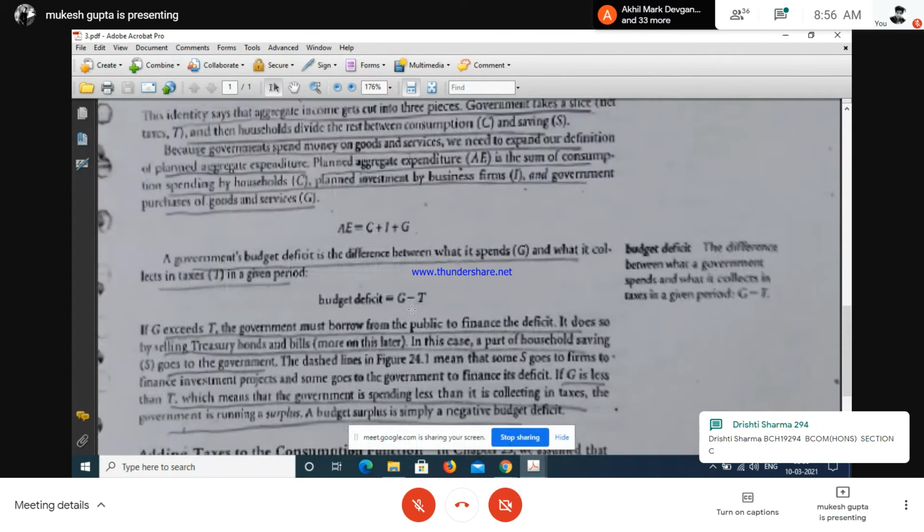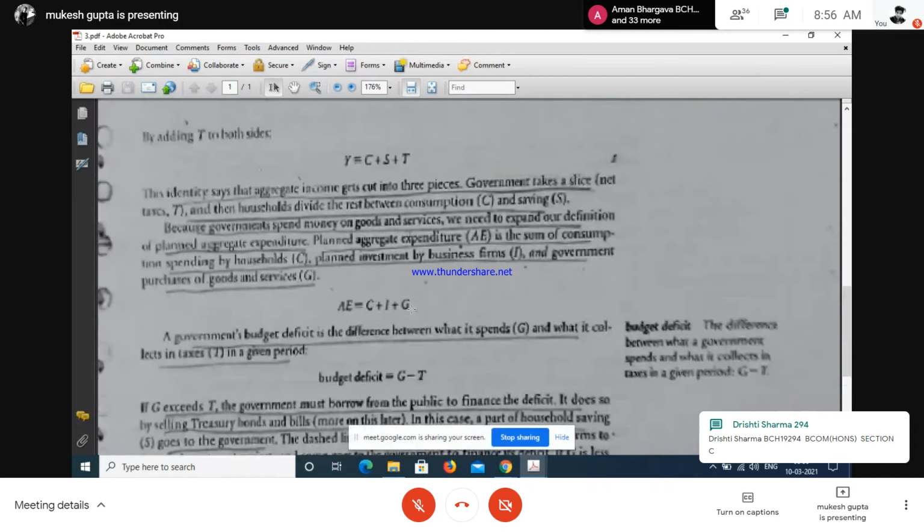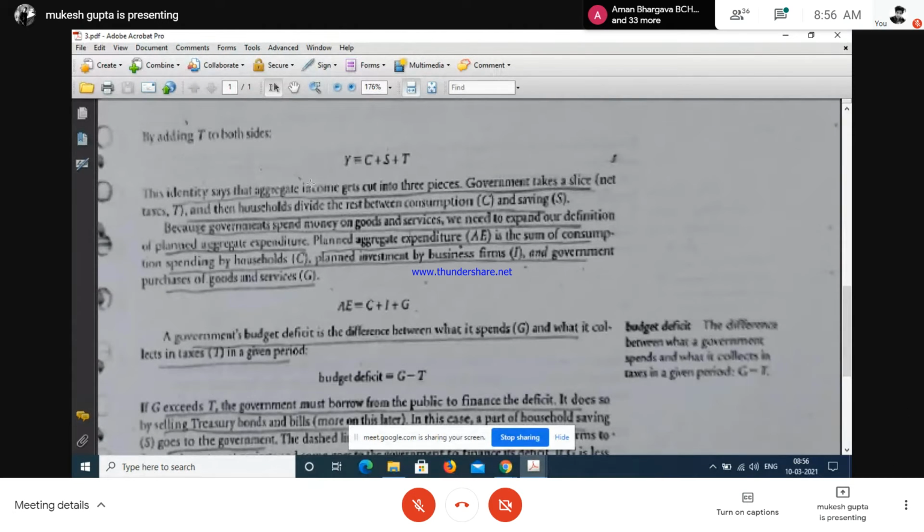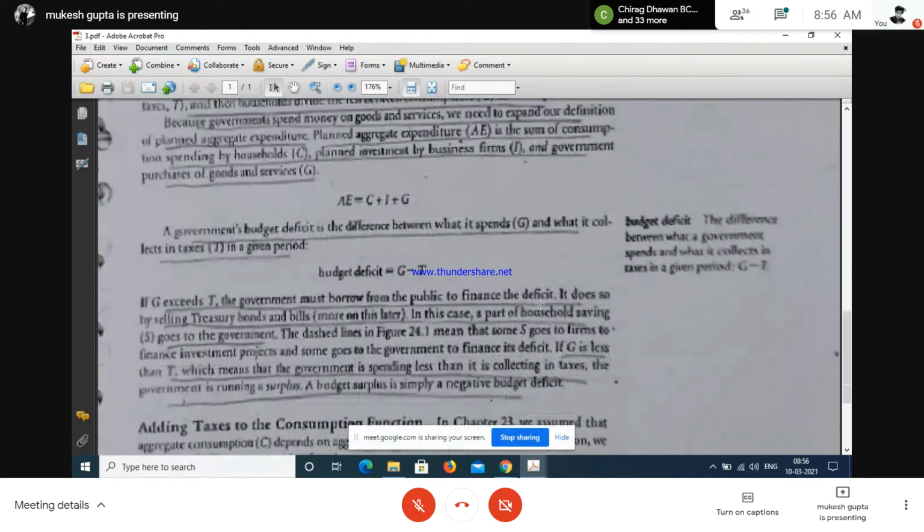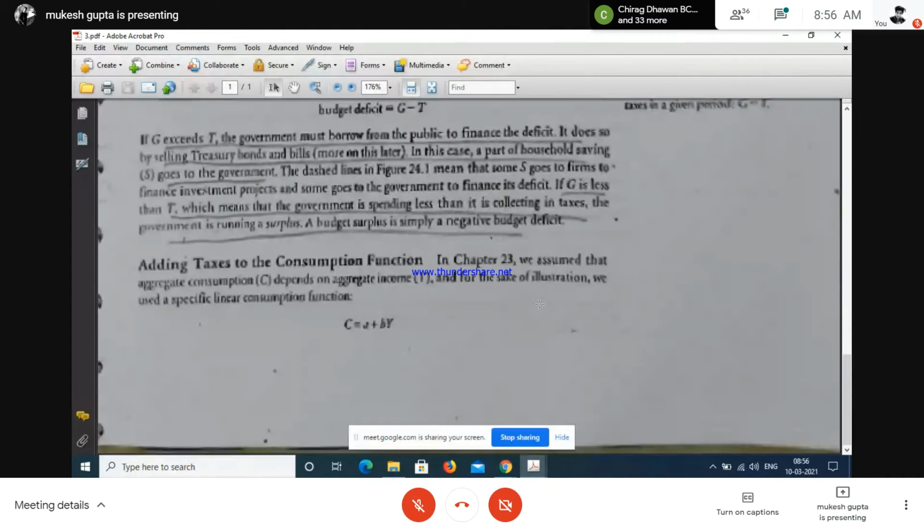So there are two things we have done: total income is the sum of consumption, saving, and net tax, and aggregate expenditure is the sum of consumption expenditure, investment expenditure, and government expenditure. Now we are going to look at every component. First, how consumption expenditure responds to the level of income.